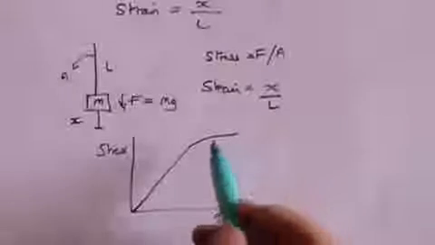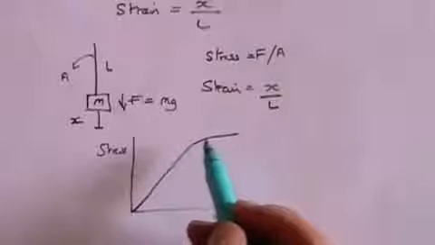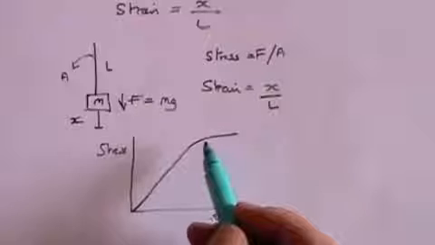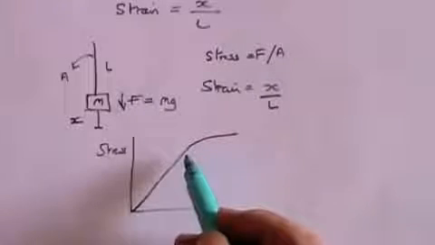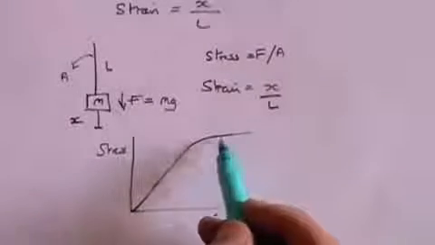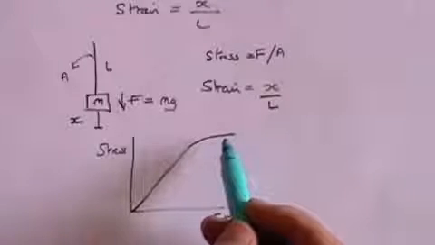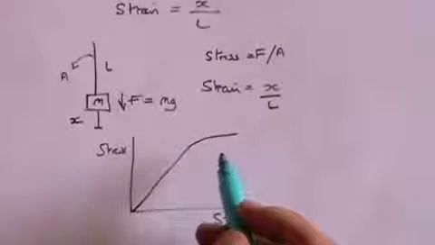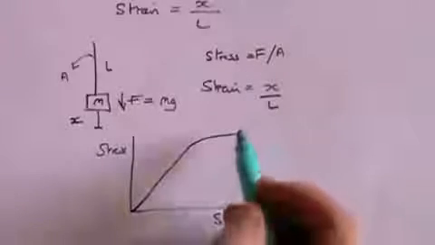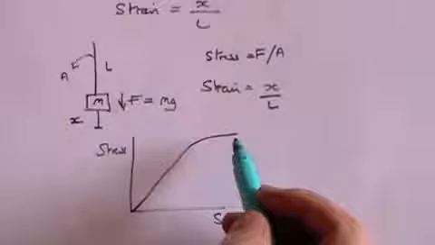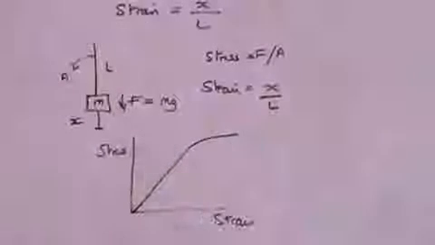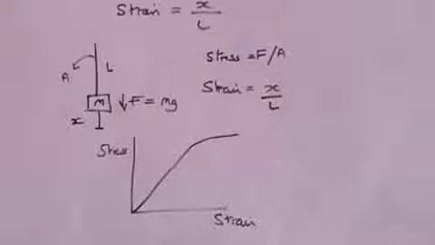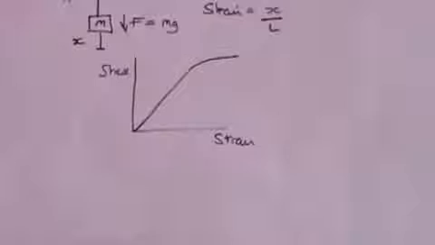And depending on the material that you're using, the material will either break, and there will therefore be no further extension, or it will go into the kind of plastic mode where it no longer returns to its original position, or sometimes it can get into a position whereby it will just continue to extend even though you're not putting any further mass on it. What is the work done when we extend a piece of elastic or a spring?